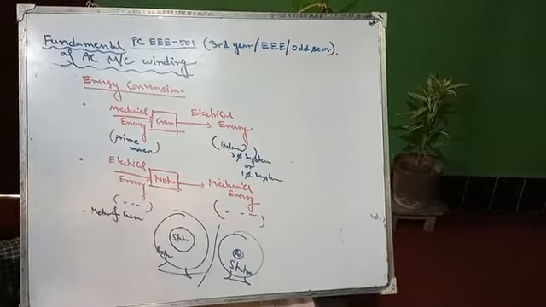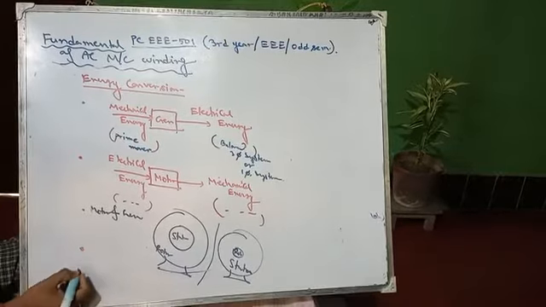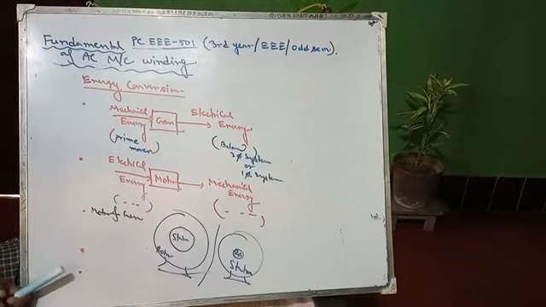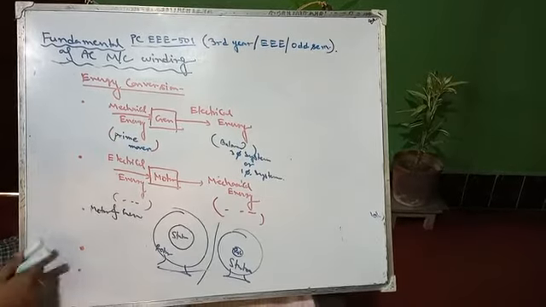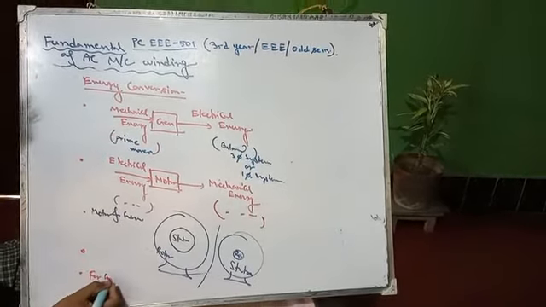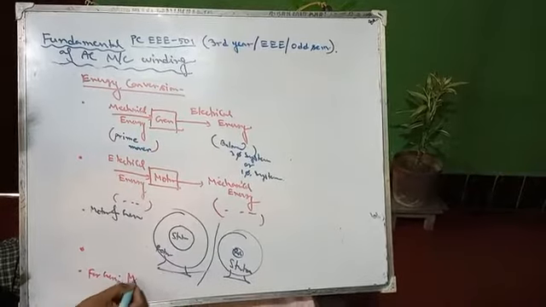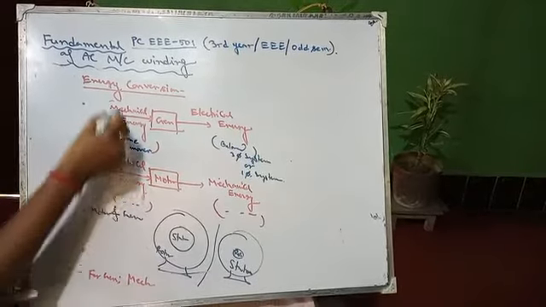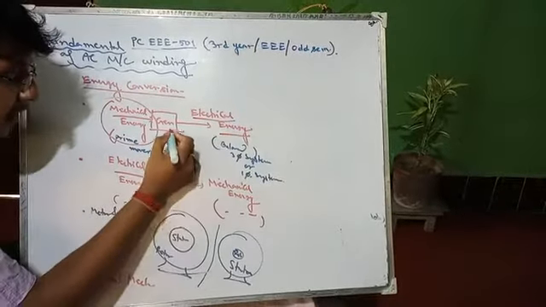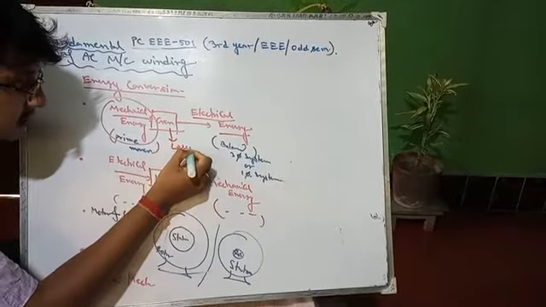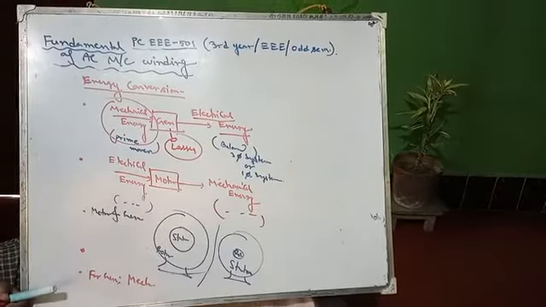Okay, and there are some important equations. For generator, mechanical power. Why mechanical power? This is the input energy. Mechanical power equals electrical power plus losses. So there is a loss, right?